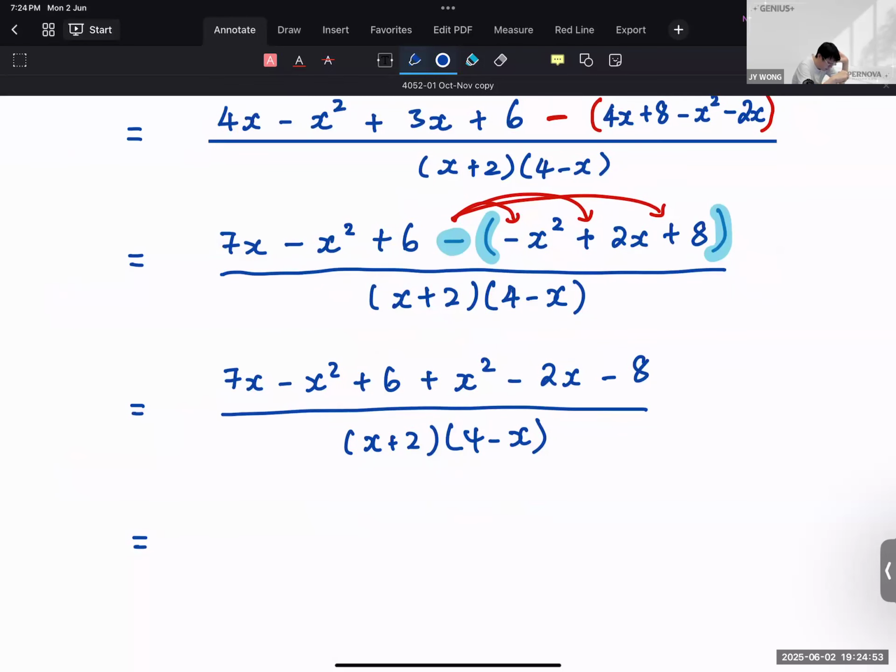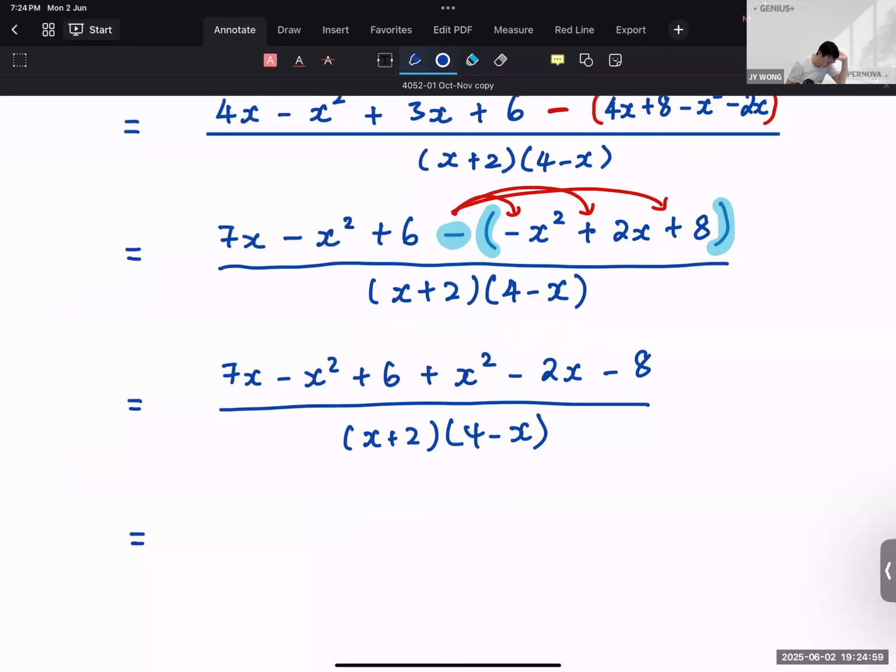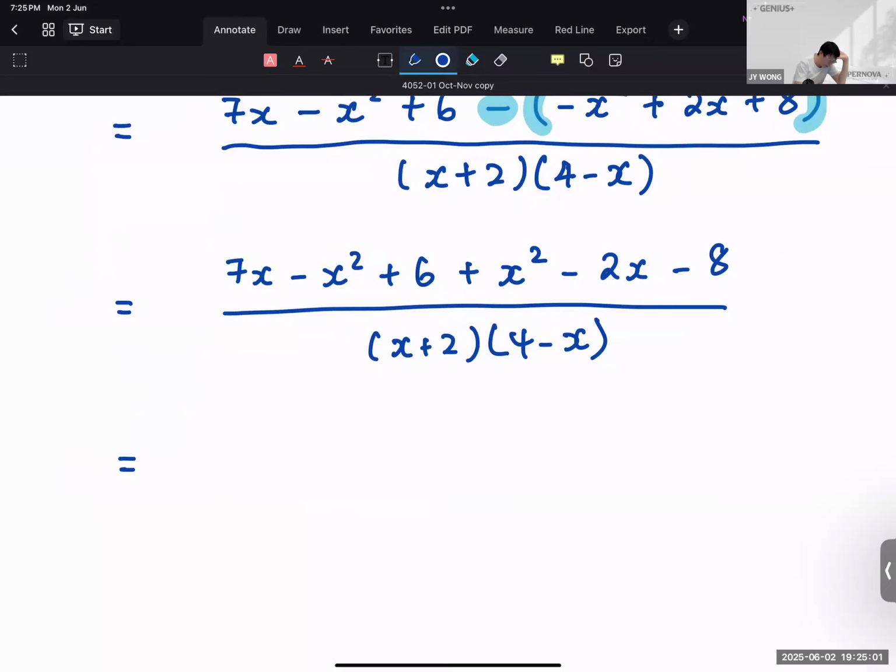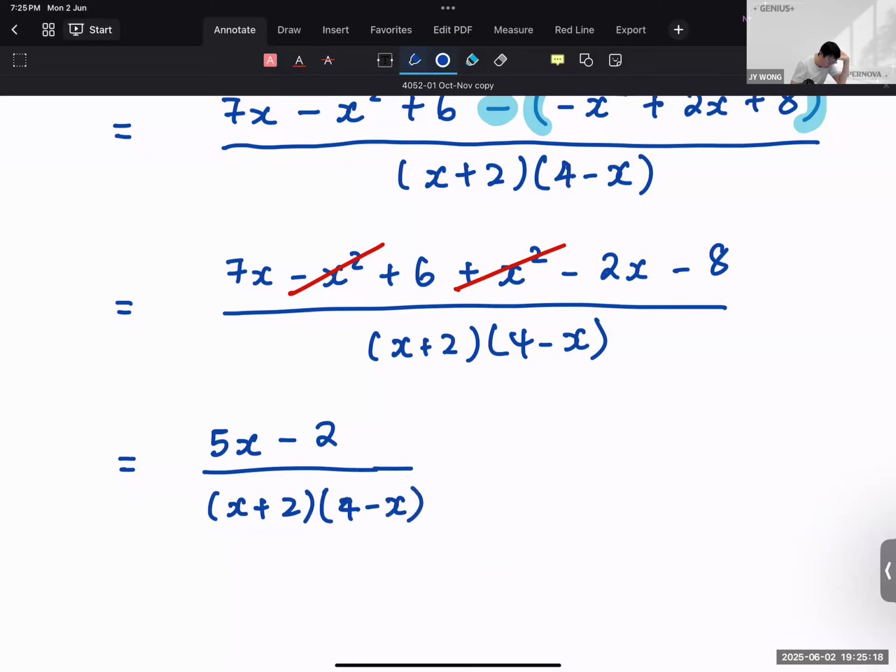And therefore, we are left with minus x squared plus x squared will just cancel each other out. So 7x minus 2x will give me 5x. Plus 6 minus 8 will give me minus 2. The numerator cannot be factorized. So you just keep it as this. And that's your answer.